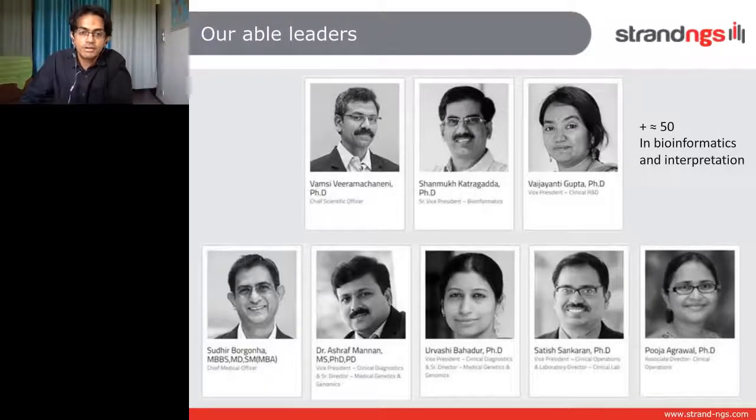These are the leaders of the bioinformatics team. They serve the bioinformatics team in varying capacities. This is our chief scientific officer and so on. And we also have 50 people in bioinformatics and interpretation. And remember, these are all looking at various aspects of the DNA-seq workflow and various panels therein.